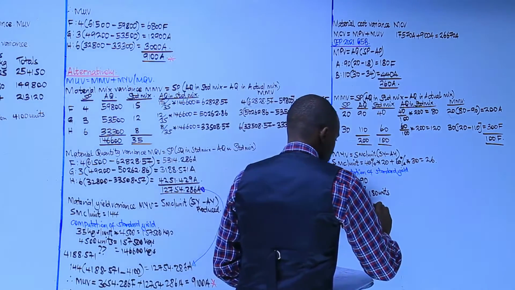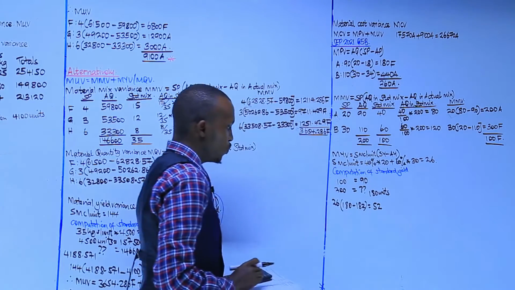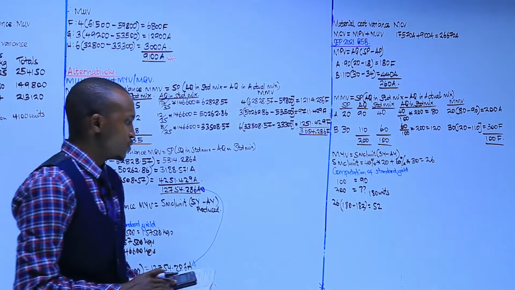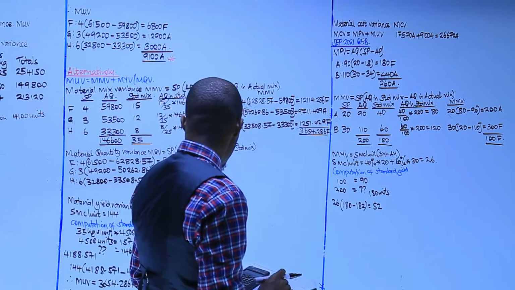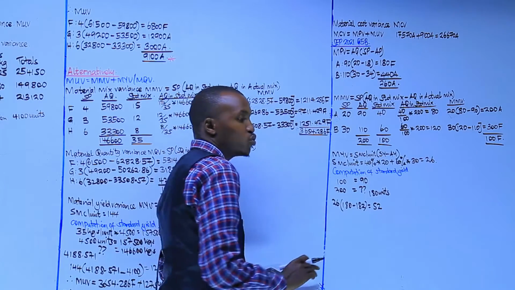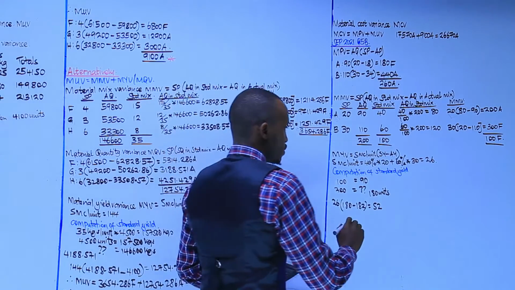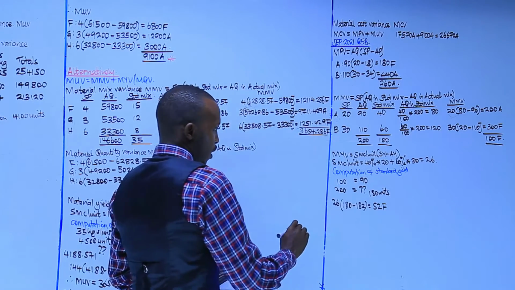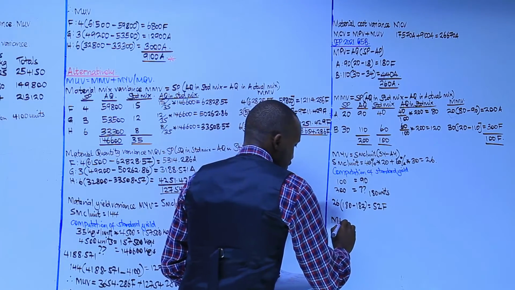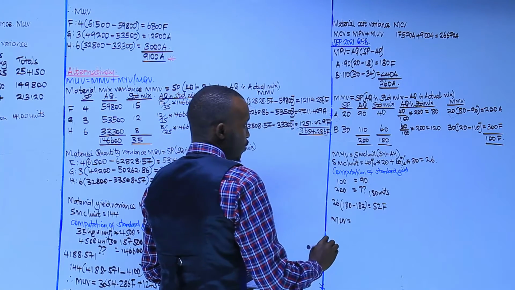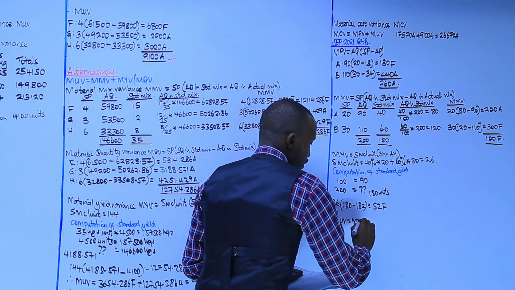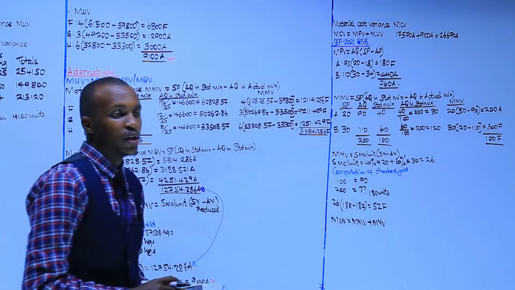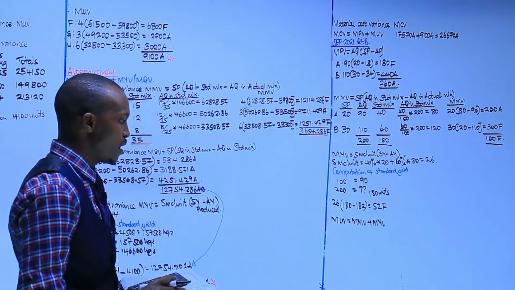This is 52, which we are going to say is favorable. This is an output, so yield means output, so we say it is favorable. Your material usage variance is your material mix variance plus your material yield variance.